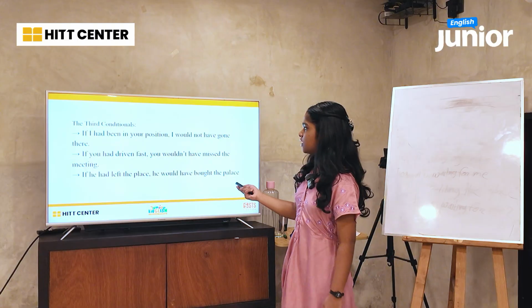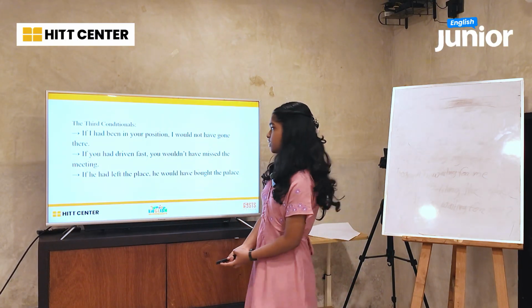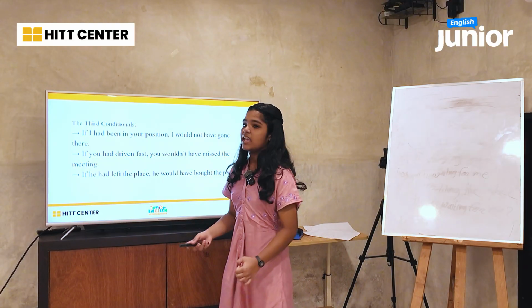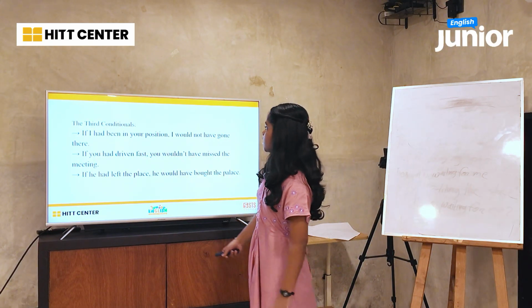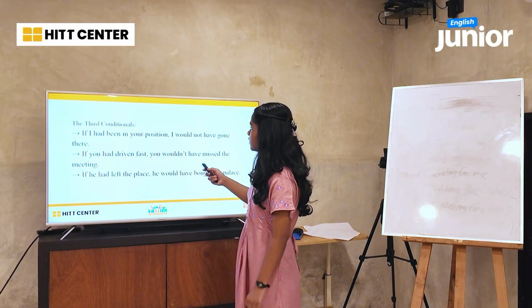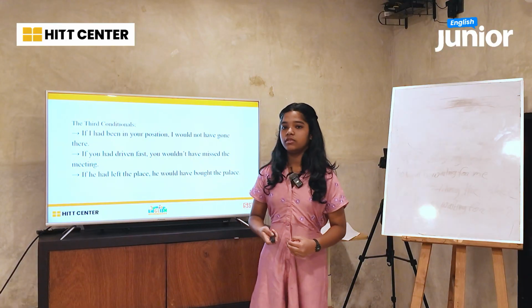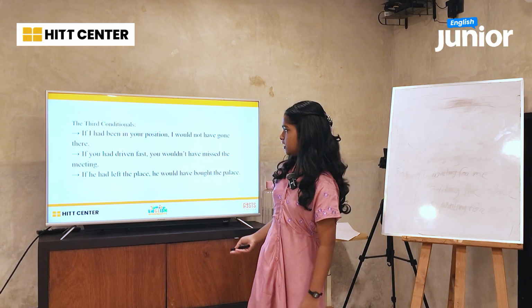So let's move on to our next topic, the third conditional, and this is the last one. The third conditional is similar to the second one. Both of the sentences are in past tense, and it is also like an imagination of something that happened and you don't know the result, and you're imagining the result.